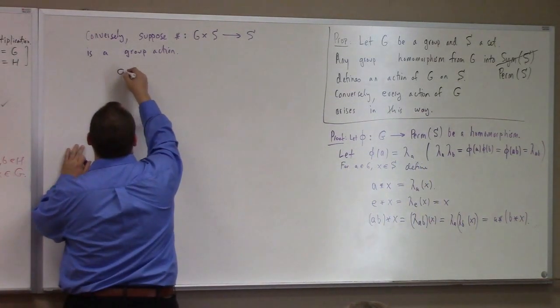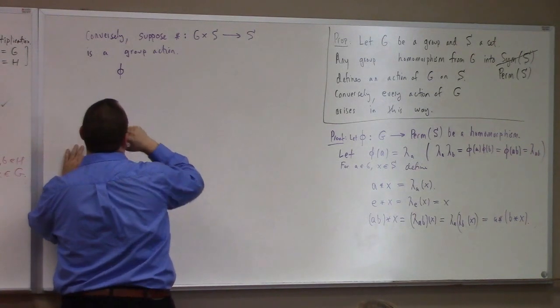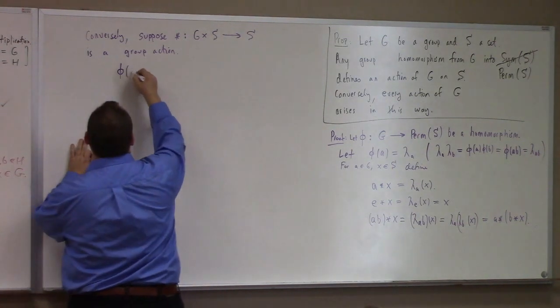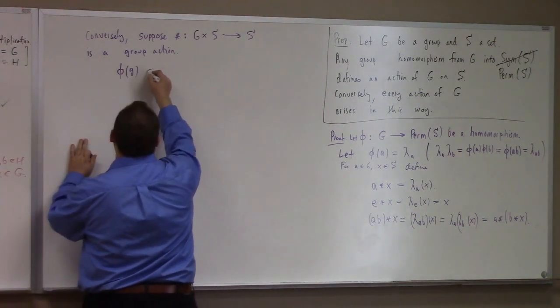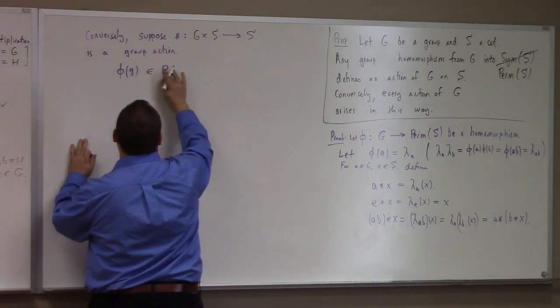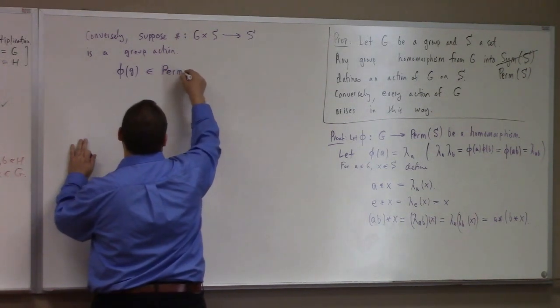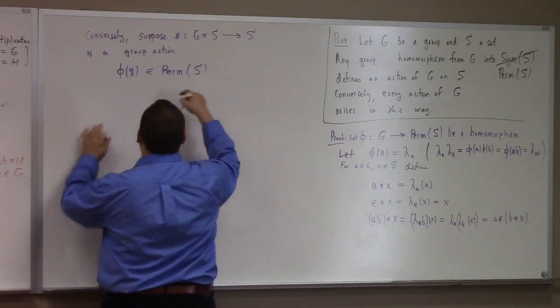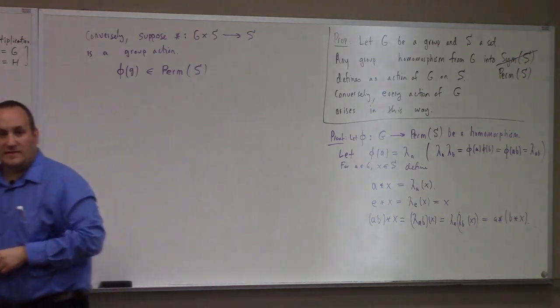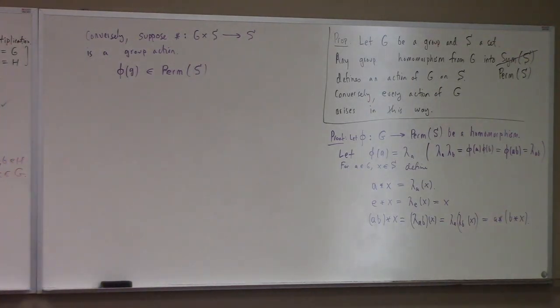I want to say phi of G. I want this to be a permutation on S, right? How do you define a permutation on S? This is a function then, right? It's a function from S to S. How do you define a function from S to S? Point-wise, right?